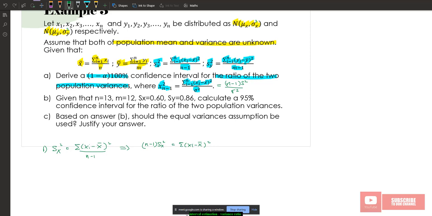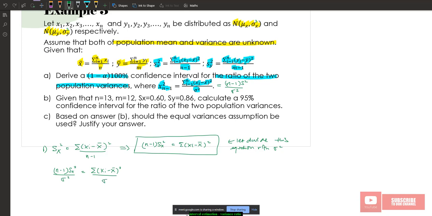So when we divide this equation by the population variance, we will get n minus 1 sx squared divided by sigma squared equal to the summation of xi minus x bar squared divided by sigma squared, which is also equal to the chi squared with n minus 1 degrees of freedom, right?